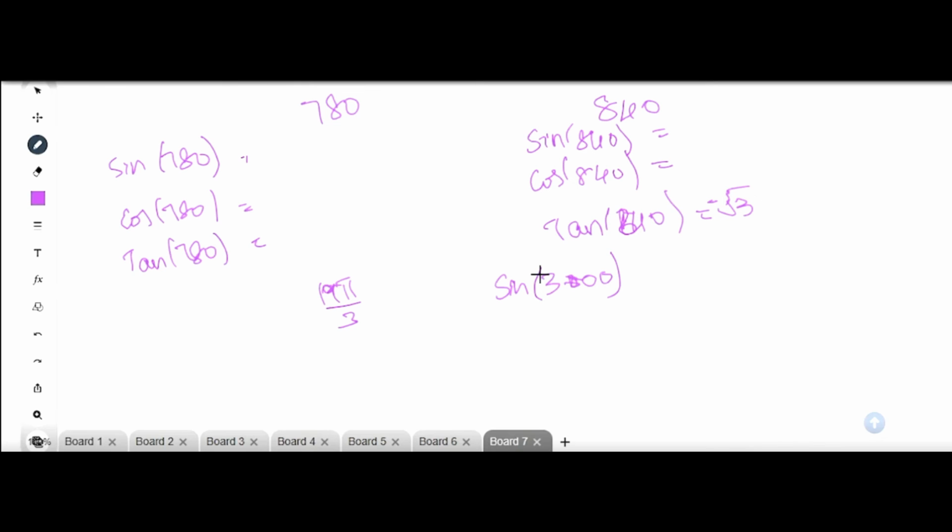So 3000 minus 2280 would give you 120. So sine of 3000 would be root 3 over 2. Cos of 3000 would be negative 1 over 2. And tangent of 3000 would be negative root 3.